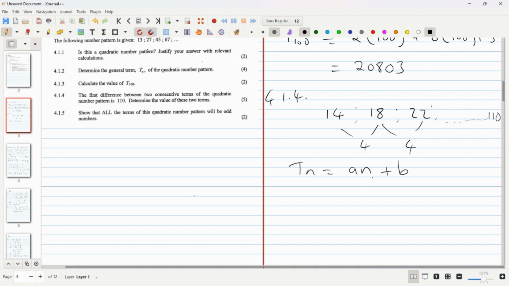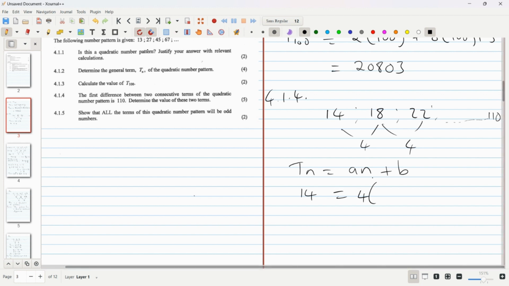Tn is the value of the number pattern. So 14 is the value, and then 18 is the value. So you can select any value here. So for this one, 14 is our value. We know that a is our constant difference here, which is 4.